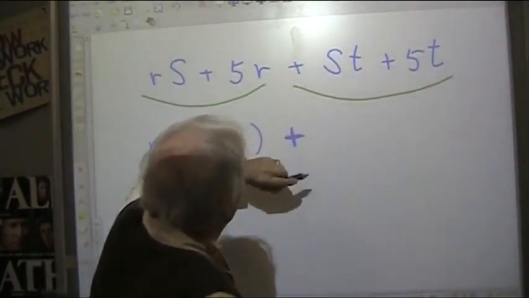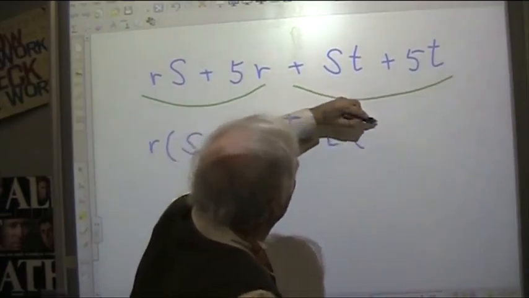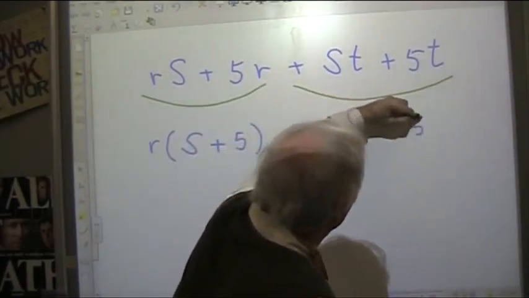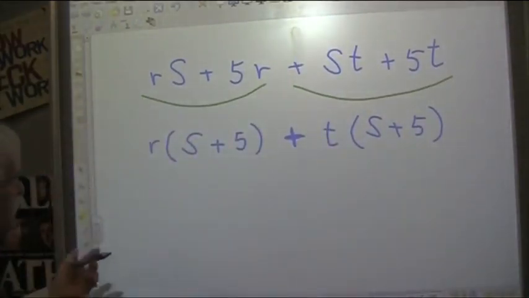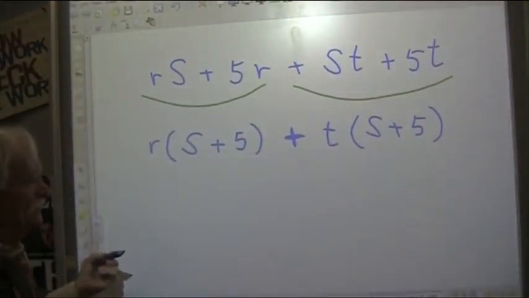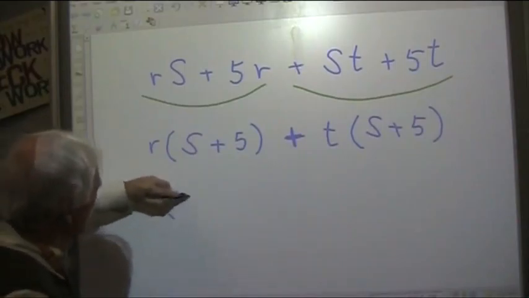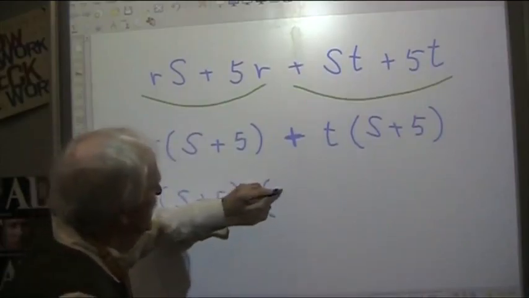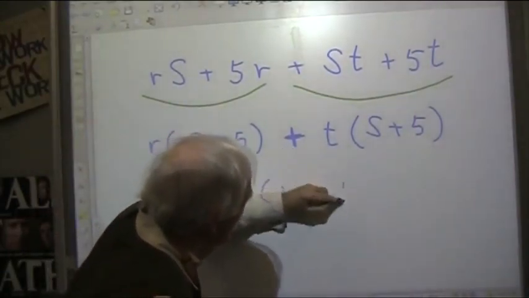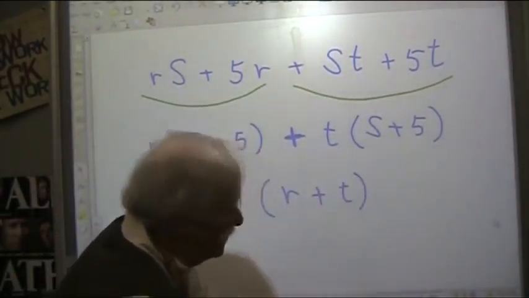And now what is the GCF of the second part? t. And the residue? S plus 5. All right. And now, ladies, what do we do? GCF. This is S plus 5. And then r plus t. Perfecto.